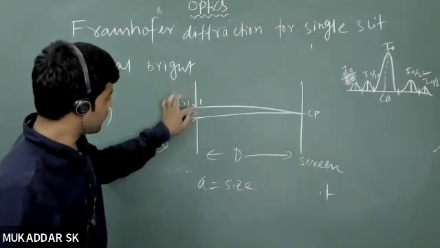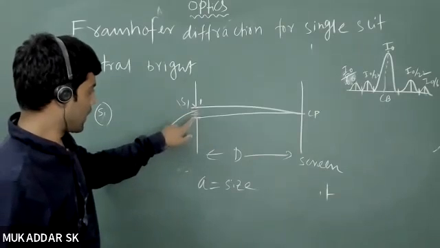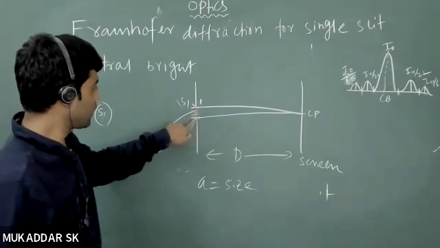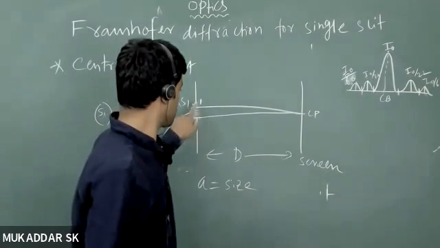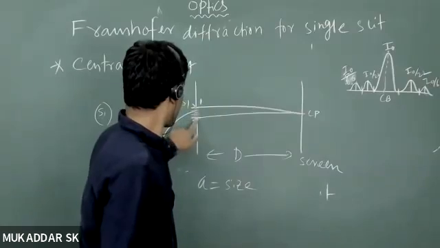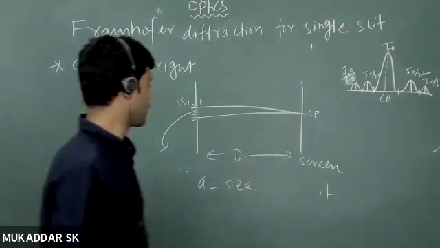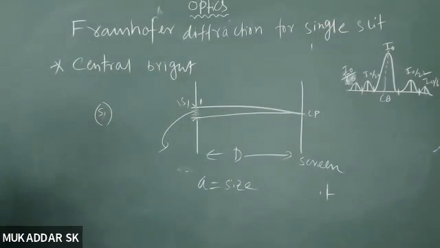So at this end I am assuming source number 1, and at the other end I am assuming source number 100. So what will be the path difference between number 1 source and number 100 source at central point? कितना पाथ difference होना चाहिए? That will be 0. Okay, so they will make constructive interference, right?